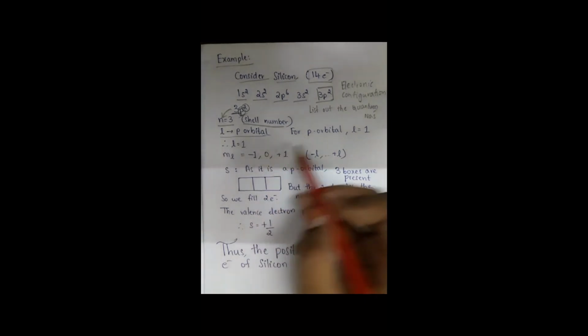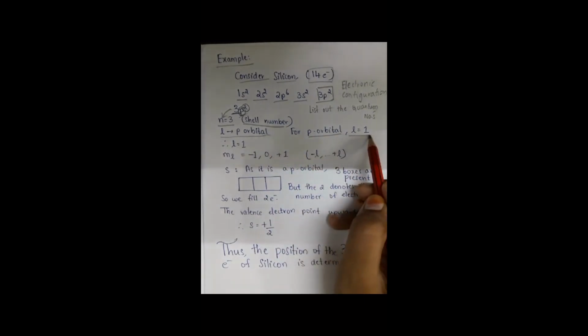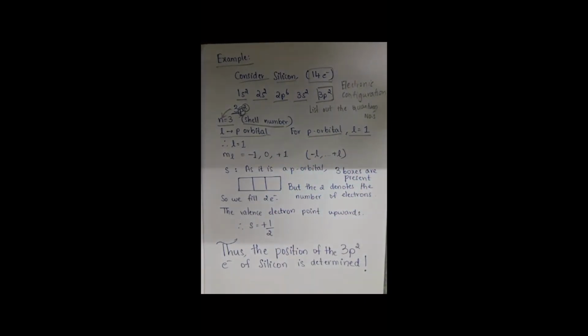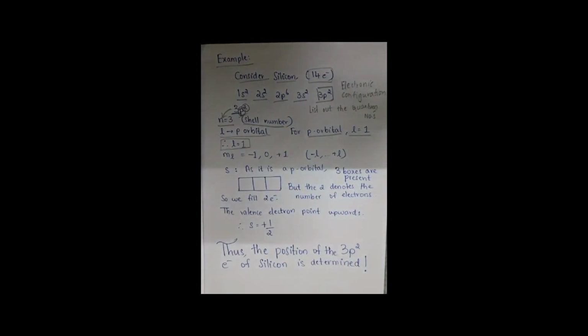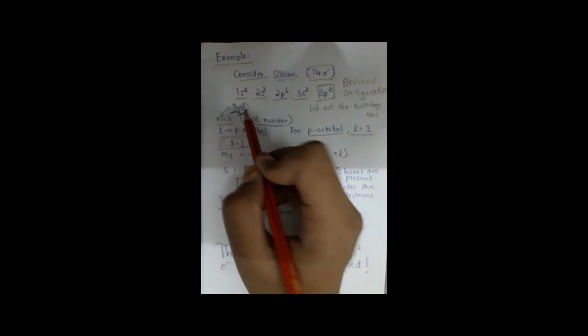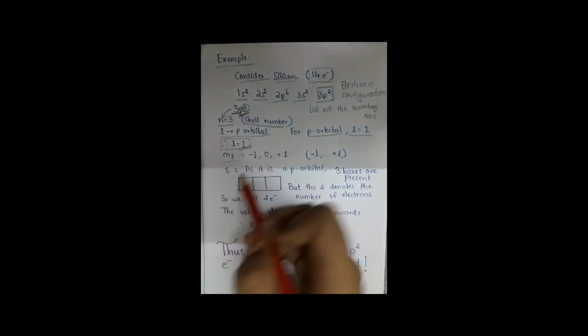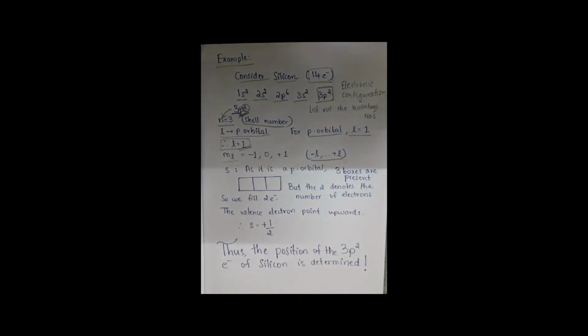For the p orbital, we know that the value of l is 1. Therefore, l is equal to 1. The magnetic quantum number is dependent on the l value. As l is equal to 1, the magnetic quantum number value should be -l to +l, so it must be -1, 0 and +1.